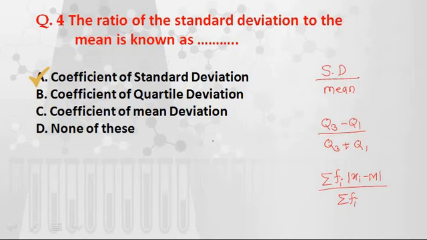So we can easily see here the ratio of standard deviation to the mean is called as coefficient of standard deviation. So option A is the correct answer for this question number 4. Let us proceed for the next question.